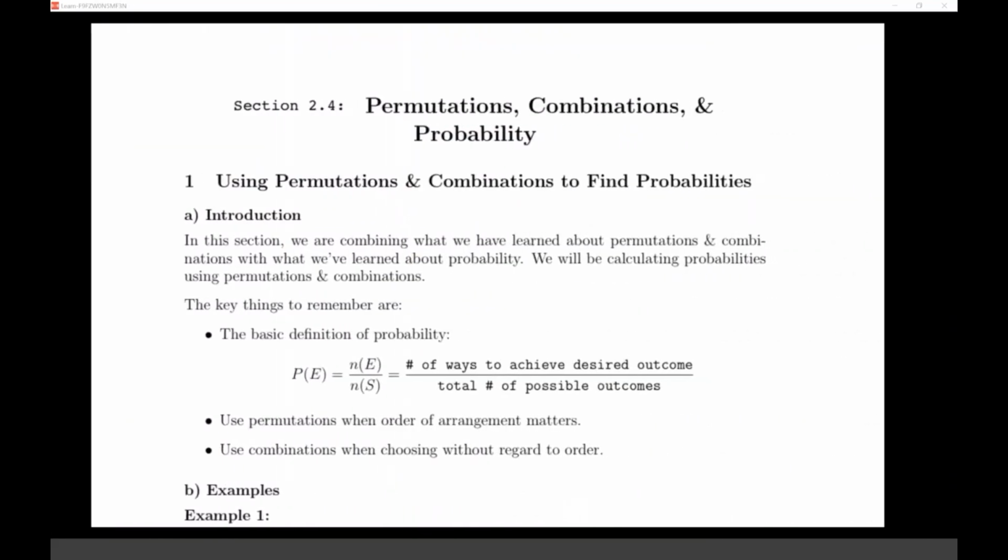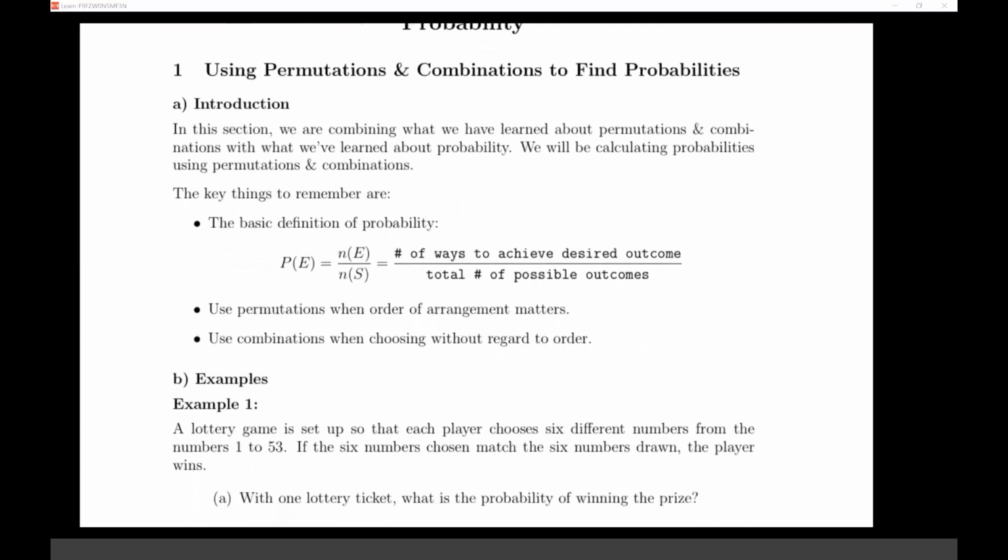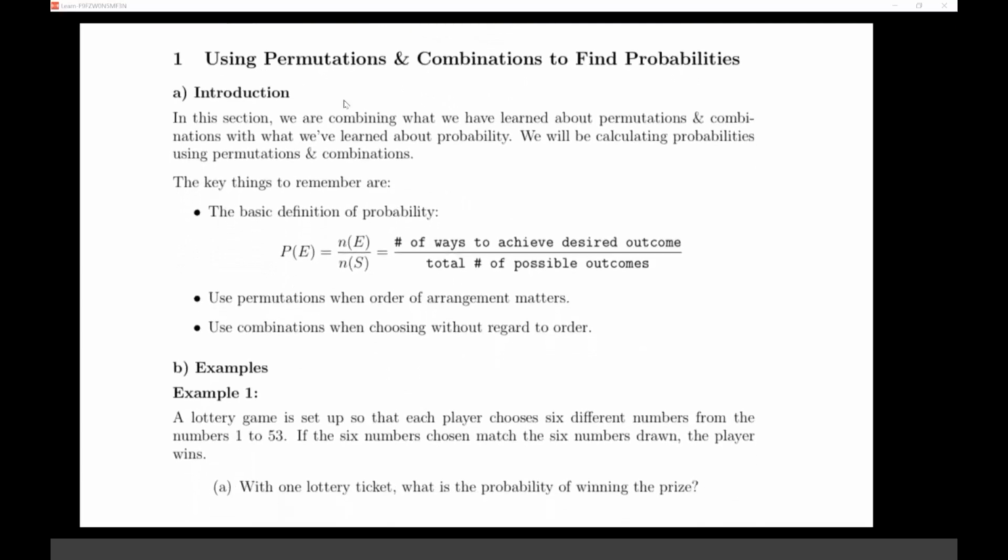All right, well, here are the notes about how to use this strategy to find probabilities. And like I said, when we opened up class, we're going to just combine what we learned about counting with permutations and combinations with what we know about probability. So the key things to remember are the basic definition of probability.